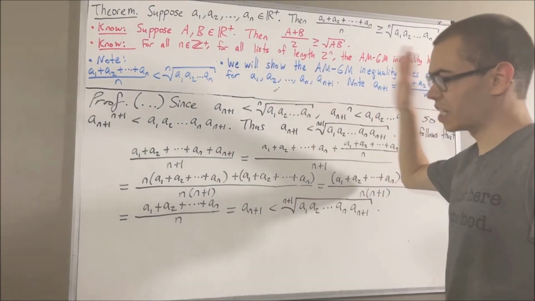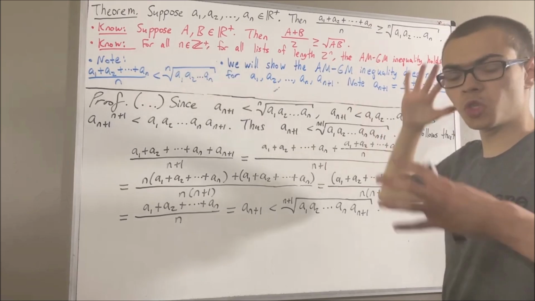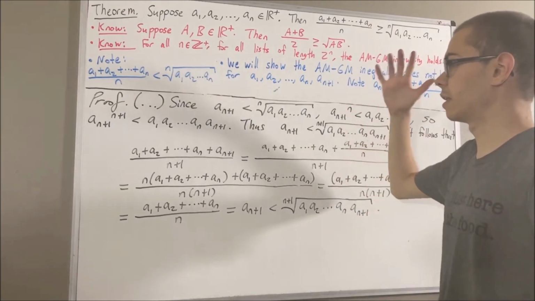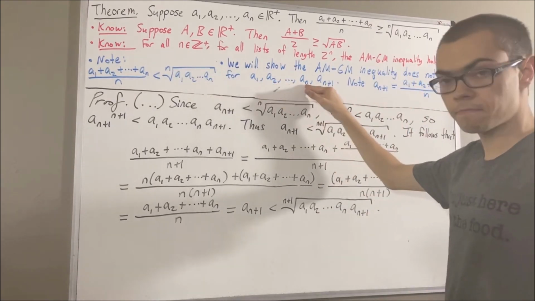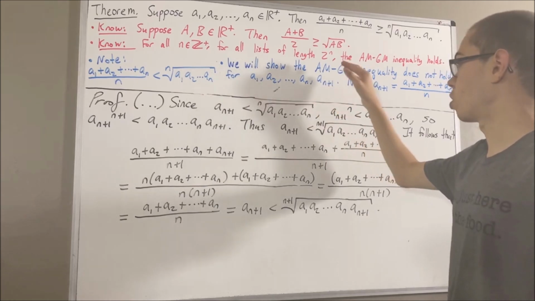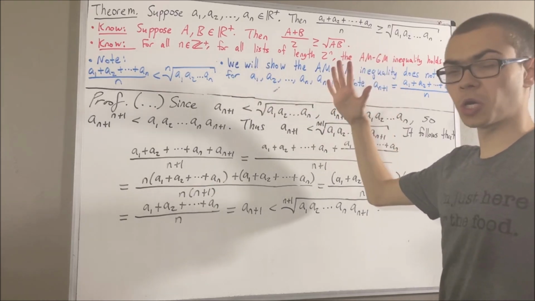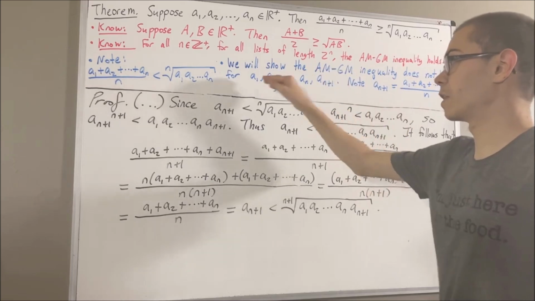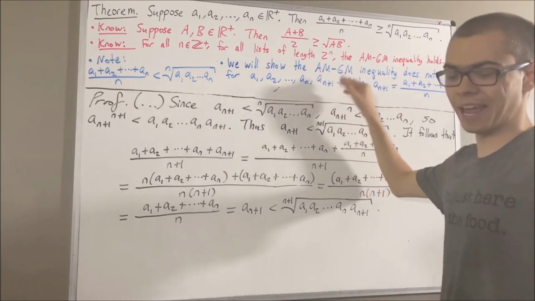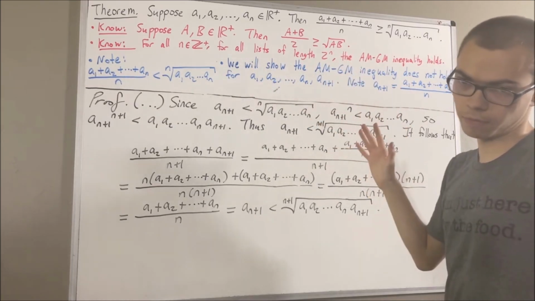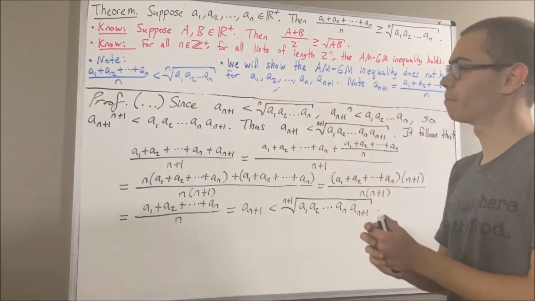So, the induction step started out by assuming there exists a list of length n where the AMGM inequality does not hold. And we just showed that there exists a list of length n plus 1 where the AMGM inequality does not hold. So this completes the induction step.